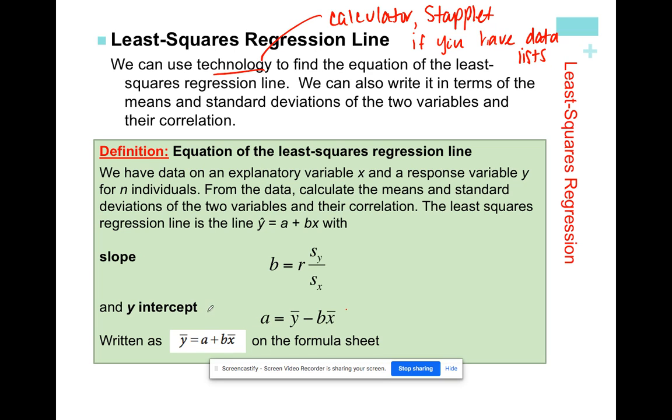And just know that also the y-intercept formula is written in a different way on the formula sheet. It is an equivalent form of what you're seeing. It's just that it's not solved for a. So if you subtract that b x bar to the other side, then you have what's in the green box here. You are only going to need to use these if you don't have the data, but number summaries are provided.